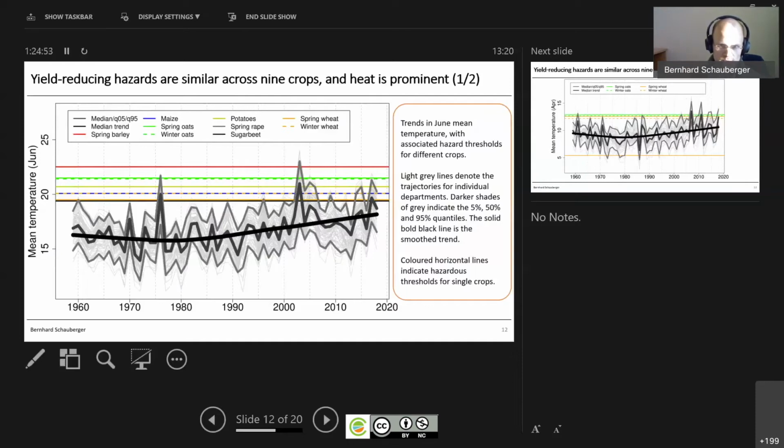For example, spring and winter wheat or sugar beet are very close to the observed temperatures already, meaning that the mean temperature in June is now very frequently crossing hazardous thresholds for several crops. And since the trajectory for temperature will very likely be upwards, we can conclude that the hazardous thresholds will be crossed much more often for more crops.